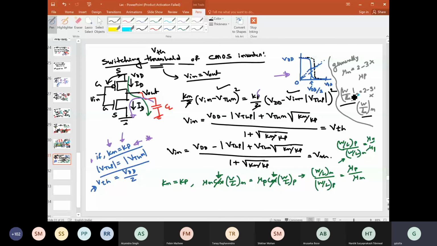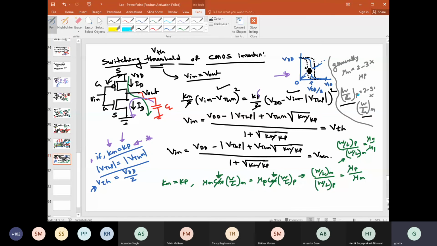Similarly, if you increase the W by L for this NMOS further, or you can say the other way, you make W by L of P equal to W by L of N, then what will happen?